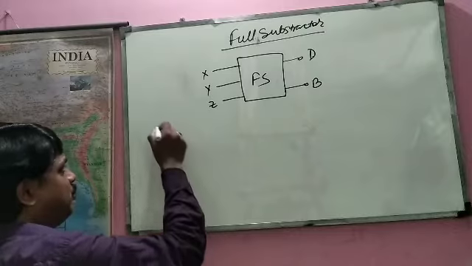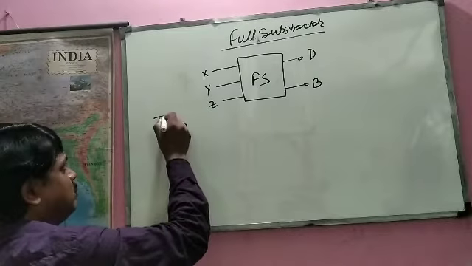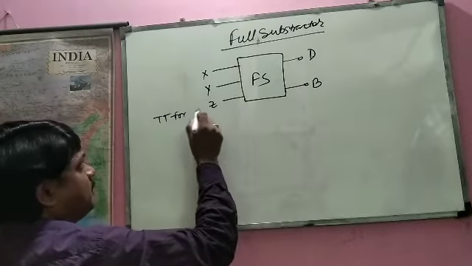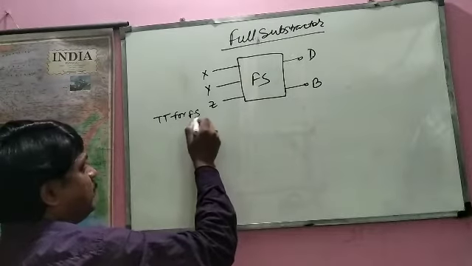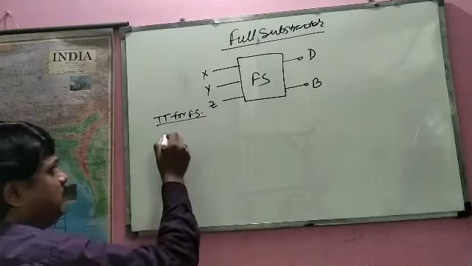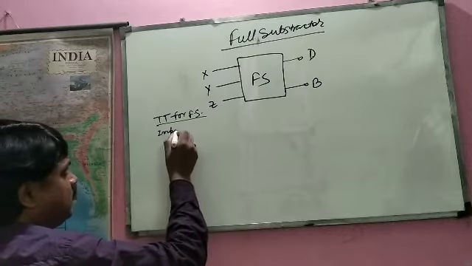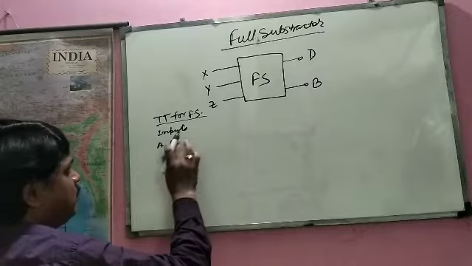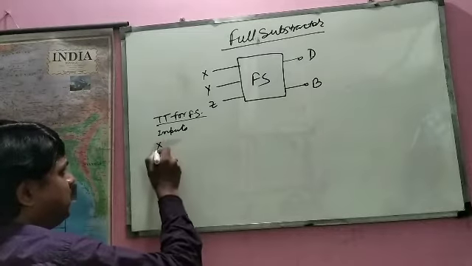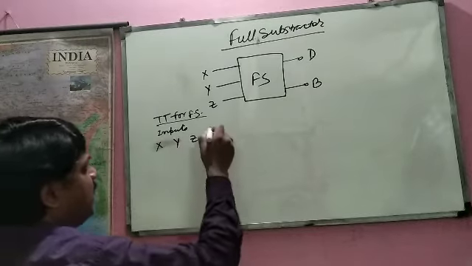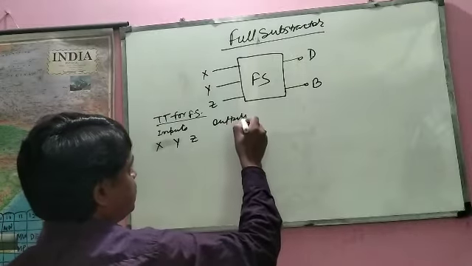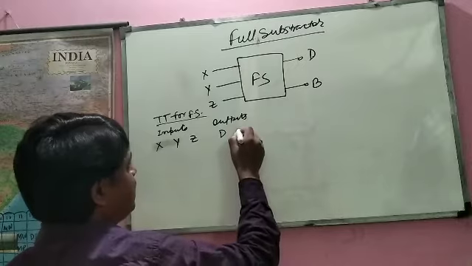So truth table for full subtractor. There are 3 inputs X, Y and Z, and there are 2 outputs, and these are D and B.